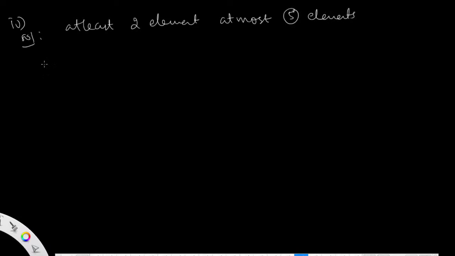At least means minimum, so at least 2 elements means minimum 2 elements. At most means maximum.